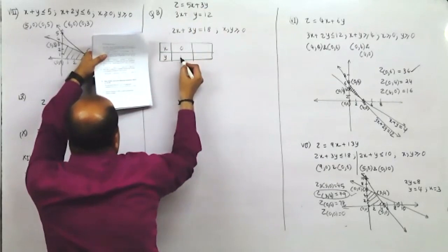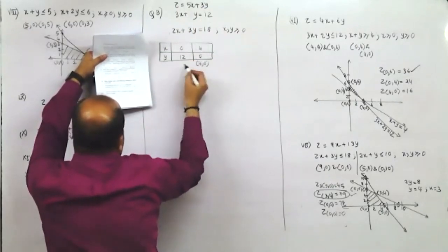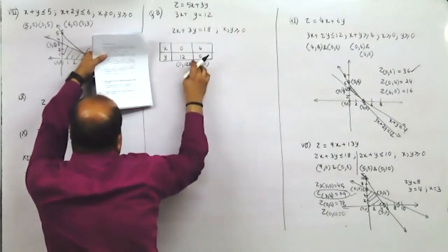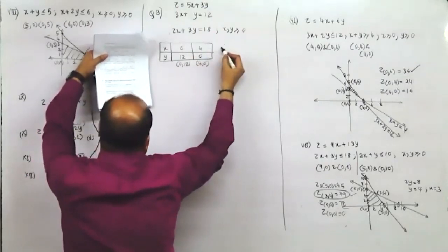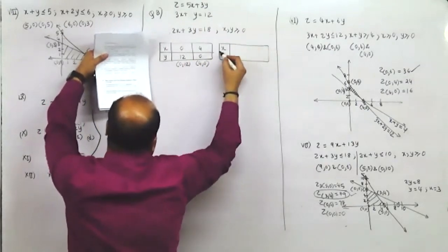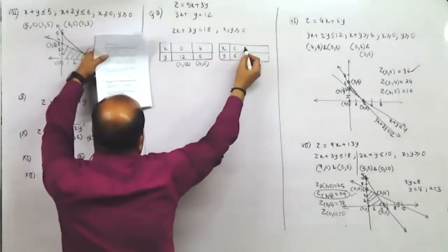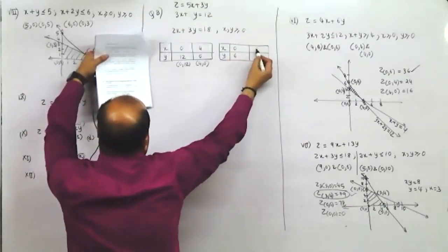X 0, y is 12, y is 0, x is 4. X 0, y is 6, y is 0, x is 9.